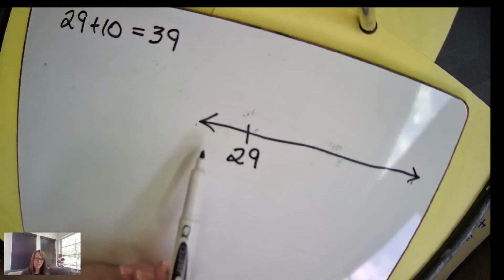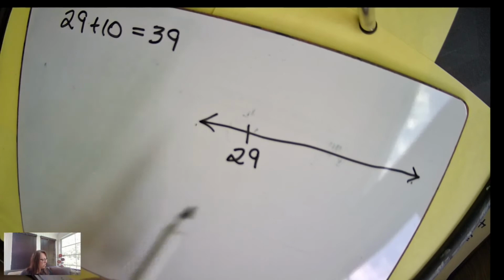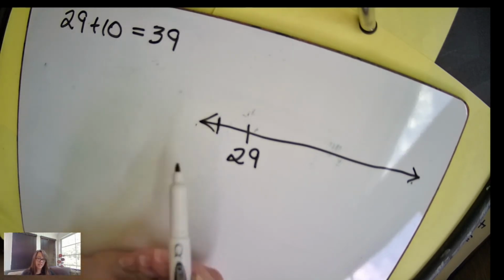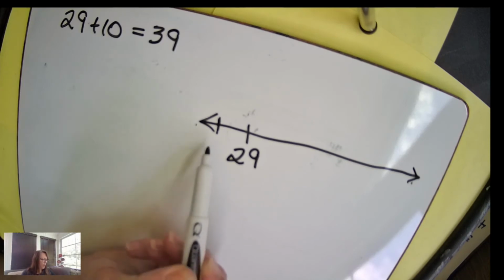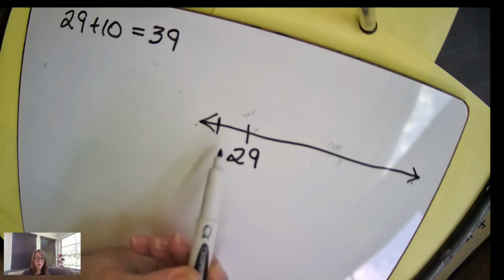And as the numbers go in this direction, do they get bigger or smaller? Right, they get smaller. So if this was a whole number here on this side of 29, what number would this be? Right, it would be 28 because it's one smaller.